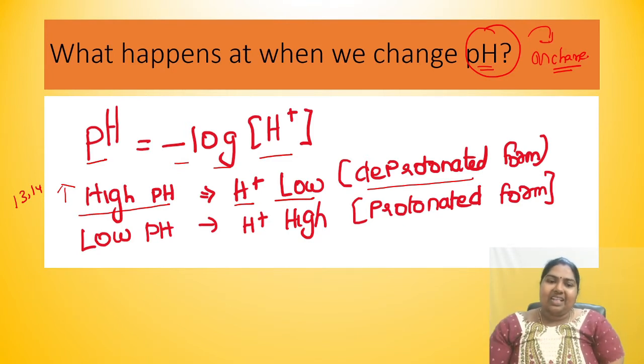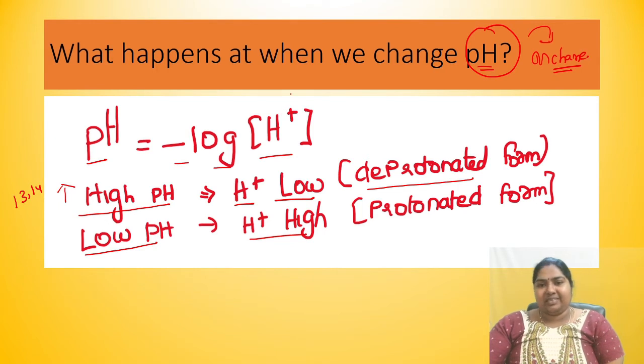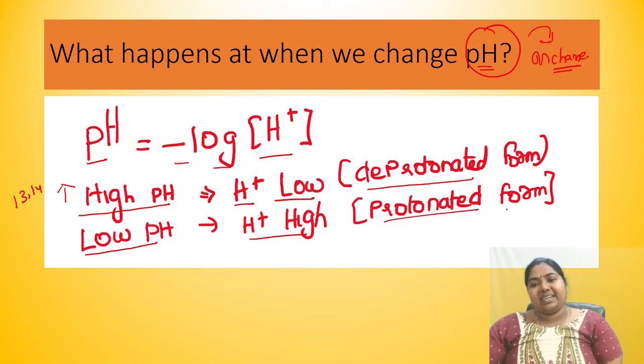Got the point? So what will happen whenever I lower my pH? So the H plus ions will increase in concentration. If the H plus ion is increased, it attains the protonated form.